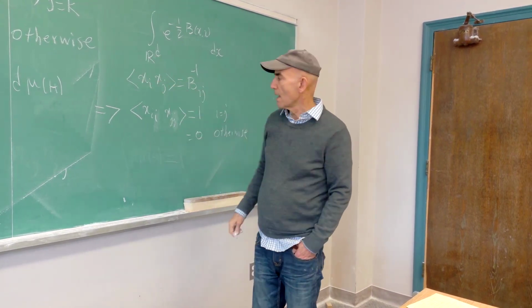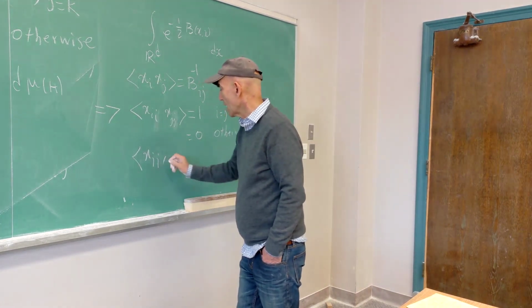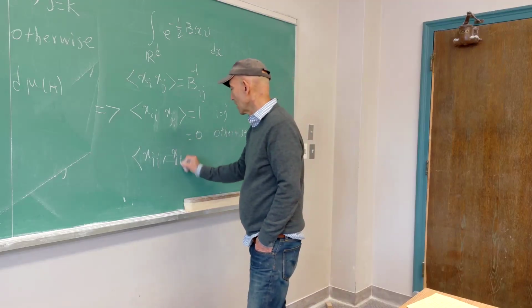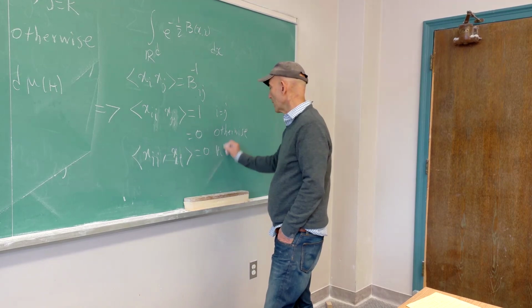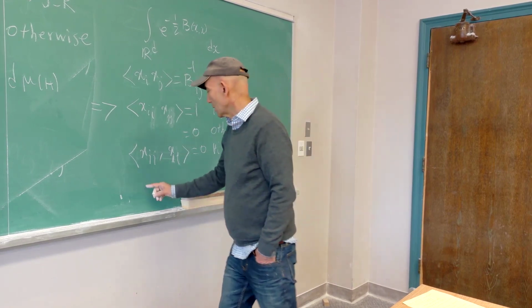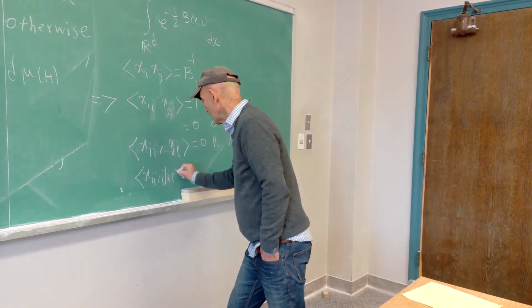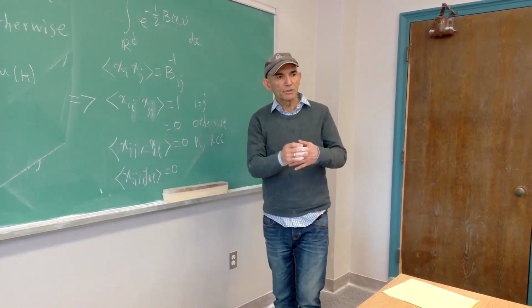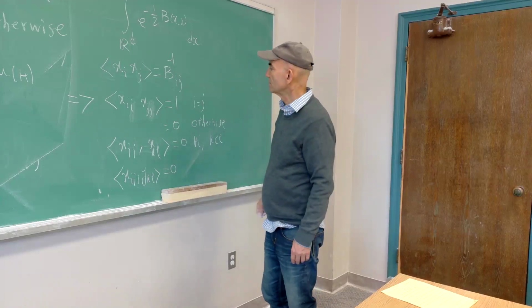Also, X_ii and X_kl is always equal to 0 for all i and k less than l. Similarly, X_ii and Y_kl is equal to 0. And you can also write correlations between X_ij and X_kl for i less than j.